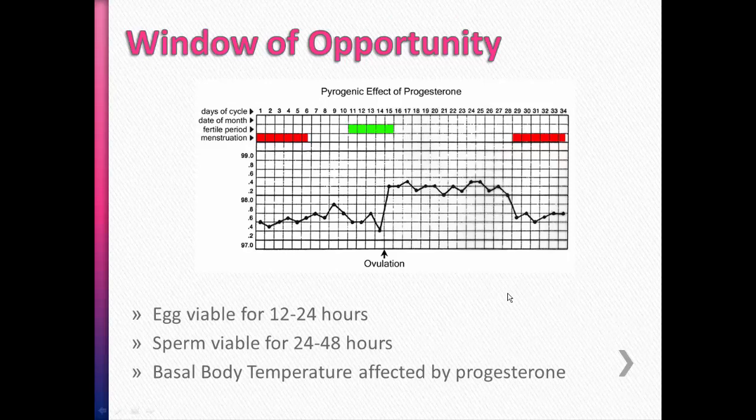So you can kind of predict that I'm probably going to ovulate on such and such a date. I wouldn't suggest using basal body temperature as a way to avoid pregnancy, since our monthly periods or monthly cycles are not always exactly the same. That window of opportunity might fluctuate a little bit, and your timing is going to be off, and then you're going to end up pregnant when you don't want to be.